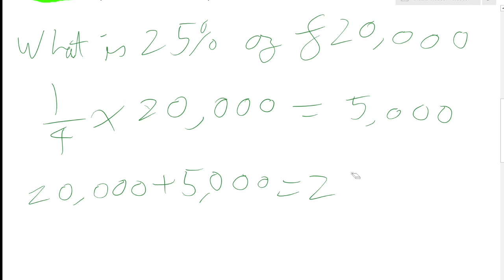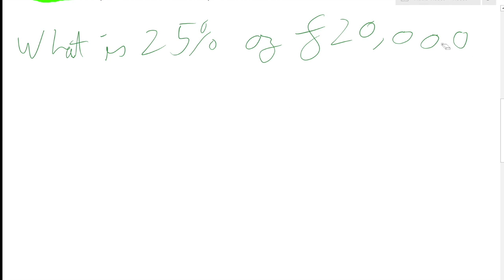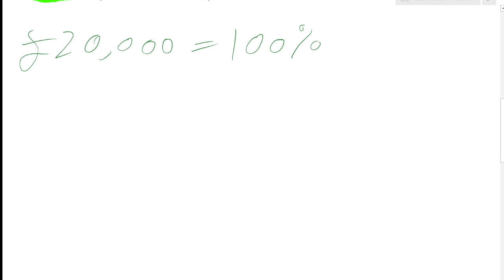Again, we can do this a different way. We can do it exactly the same method as we used for the second way on the last one. So £20,000 equals 100%. And we're adding 25%. It's increasing by 25%. So we get 100% plus 25%, fairly easy, equals 125%.